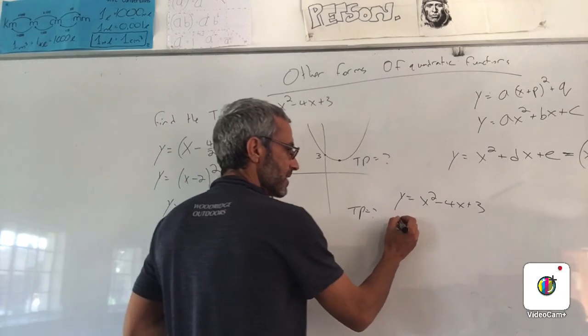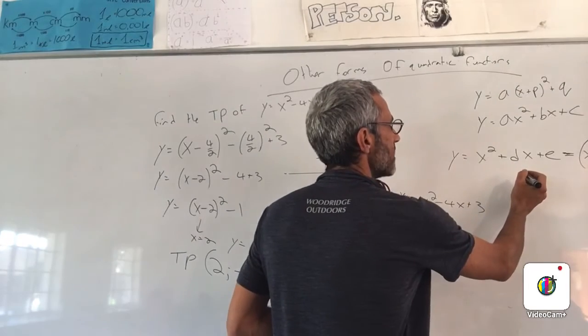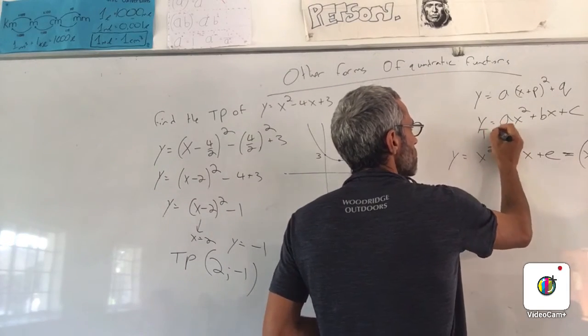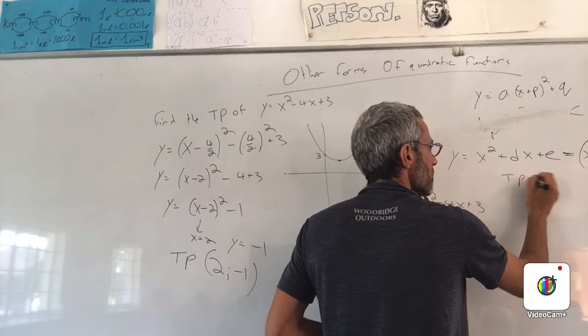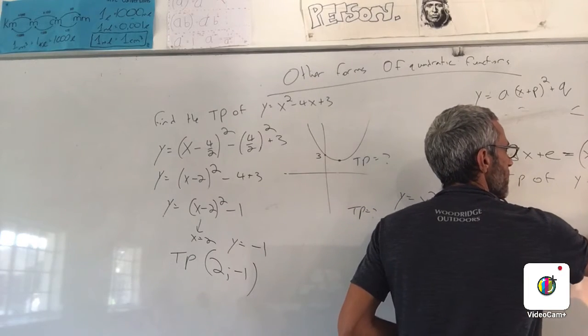What I can say is that in the turning point, let me write it down like this. The turning point of y equals ax squared plus bx plus c.